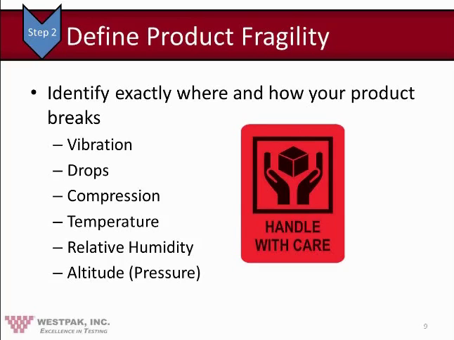In the next webinar, we'll go into this process in depth and let you know the exact procedures for defining product fragility or product ruggedness, as we like to call it.